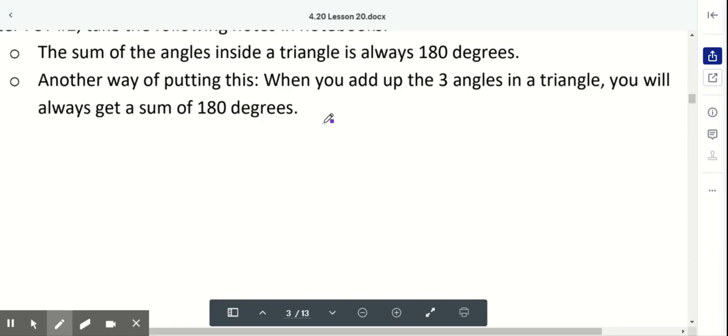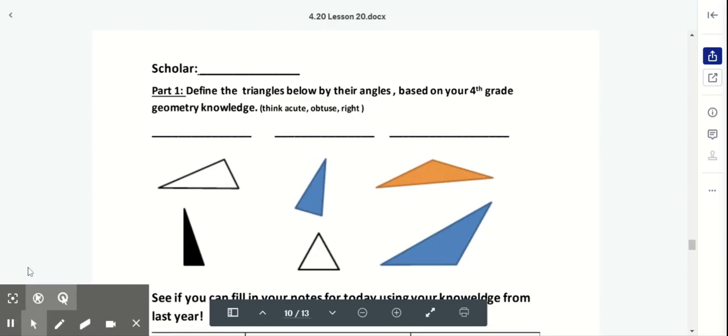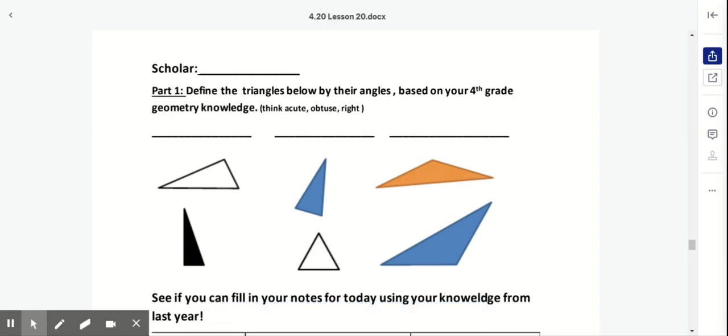Take a moment to write that down. Once you've completed your notes, you're going to jump into the practice problems independently. So you can pause the video here. Once you've completed the practice problems, come back and we'll go over it together.